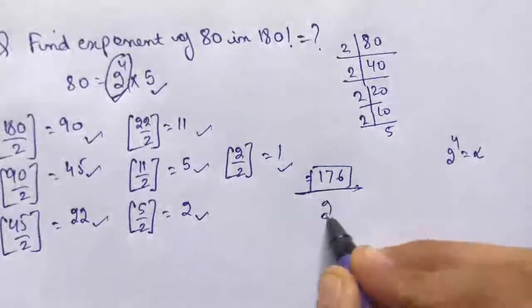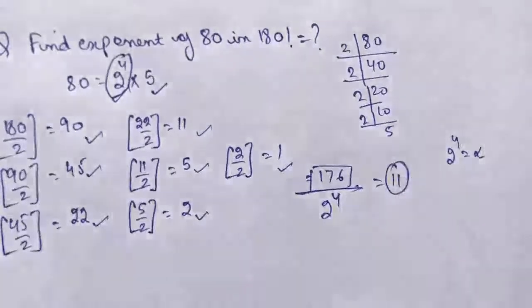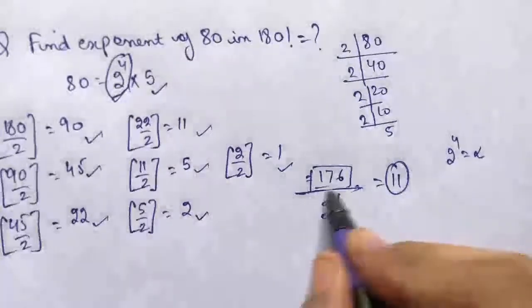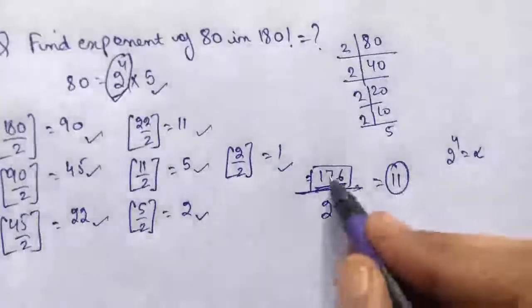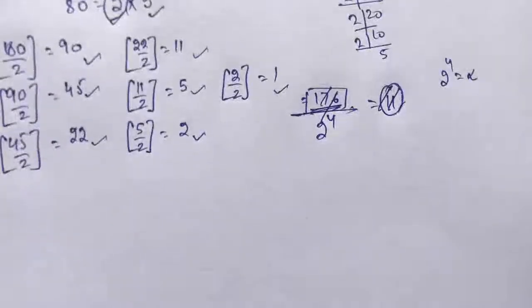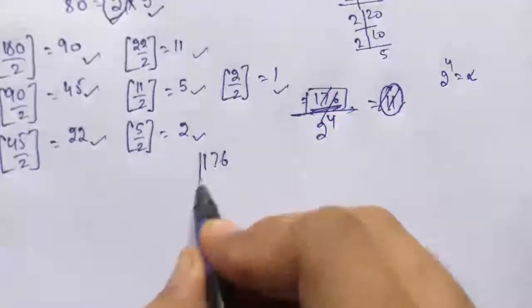So we'll divide it by 2 raised to the power 4. Simply leave it over here, that 176 2's are present.